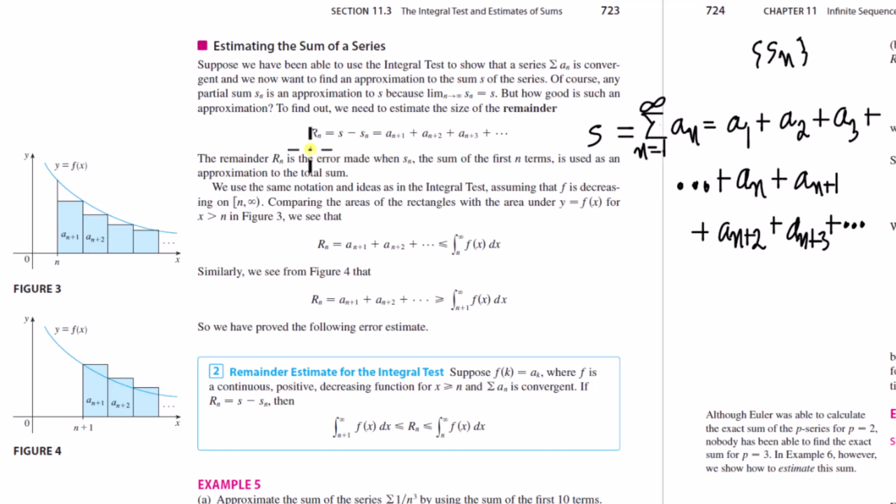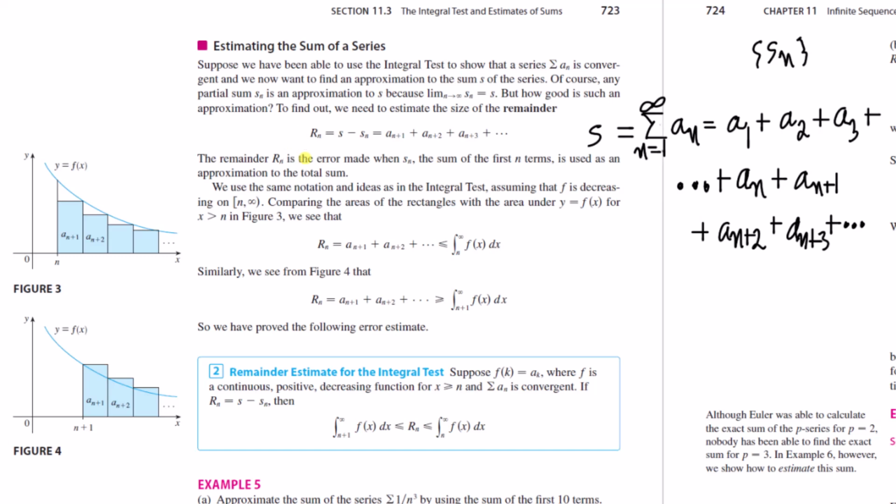And that's what they're calling R sub n. Is it a sequence? Is it a number? R sub n is just like S sub n, and it's a function of n. S sub n is the sum of the first n terms.